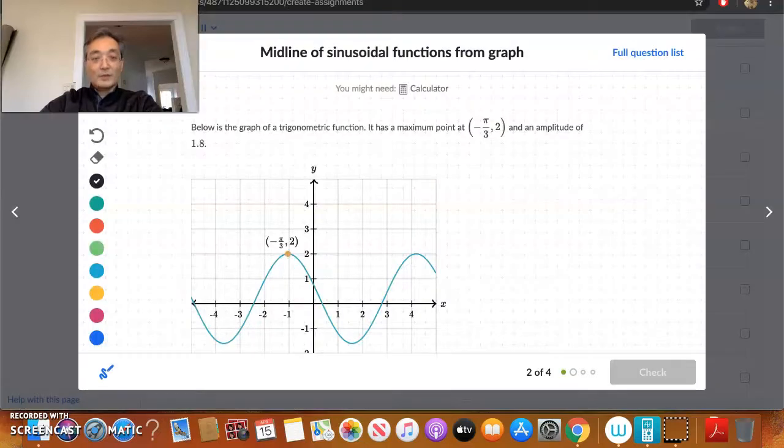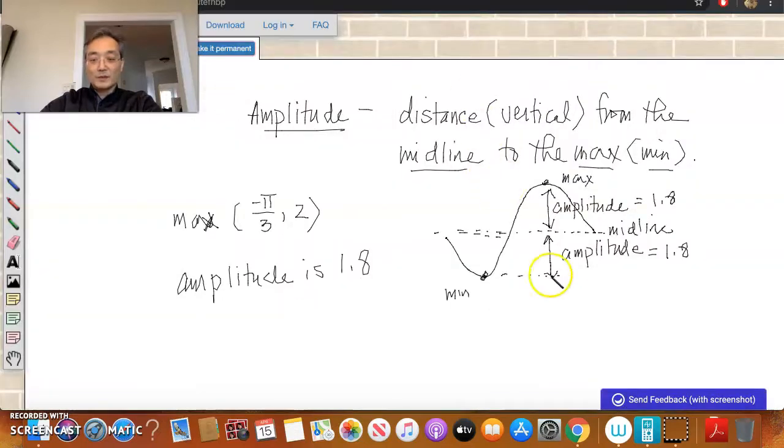What's the question asking? Well, they're asking what is the midline? Where is the midline? So if we were to take the y coordinate of the maximum value right here, and we were to go down 1.8 units, we would hit the midline.